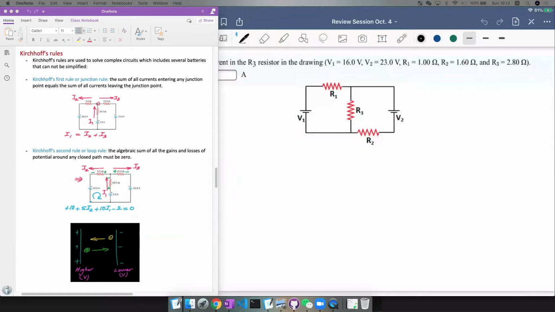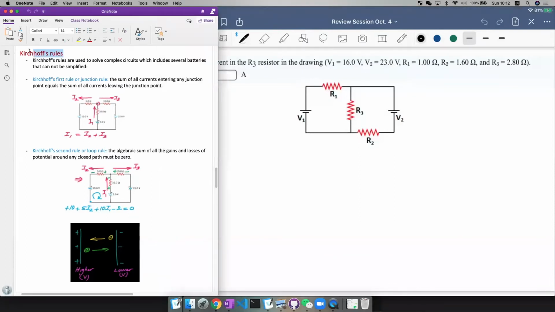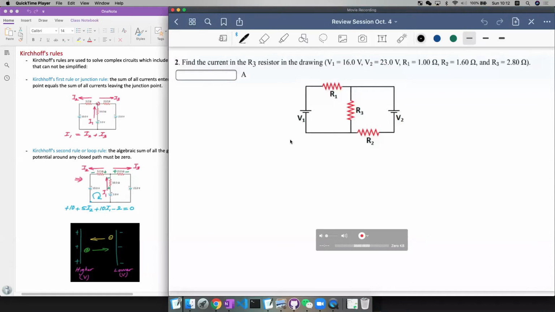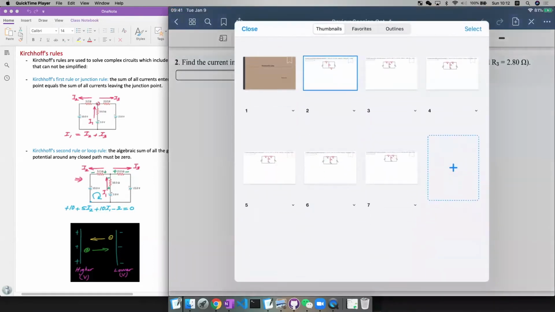So let me introduce this to you again. This review session is supposed to be 2 to 3 hours, but since this is only the first week and the review session is kind of flexible, for this week I decided to only talk about these rules. Today I have 6 questions. They all relate to these rules, and they are all slightly different.